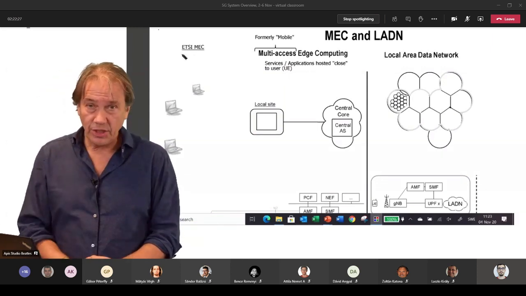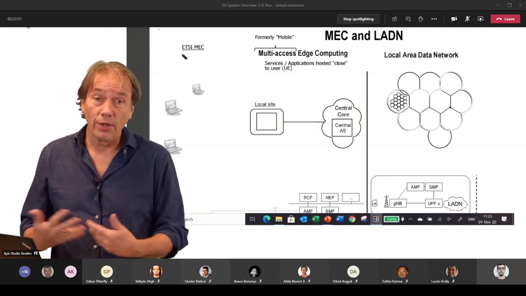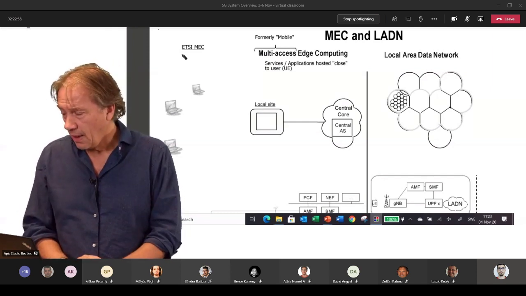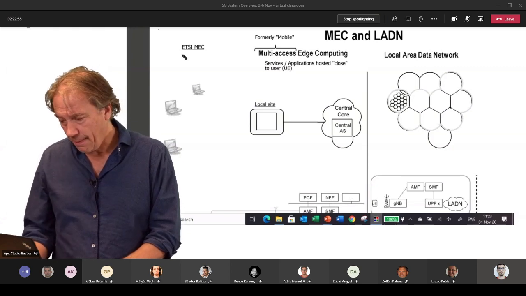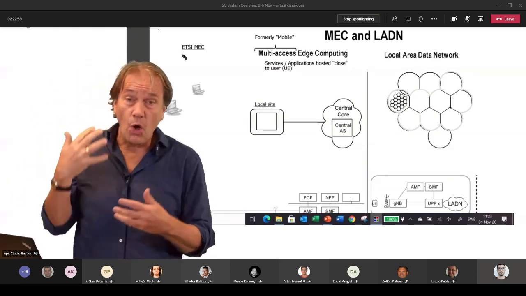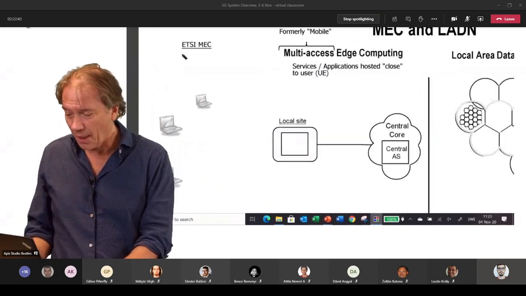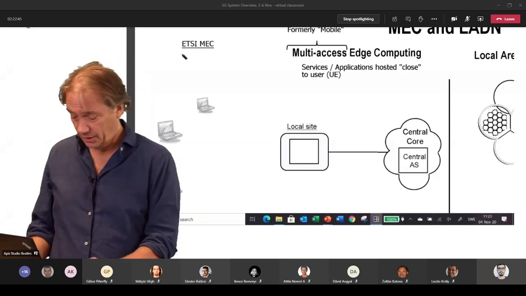The ETSI MEC architecture, once again, it's not only for mobile access, it's also for fixed access.